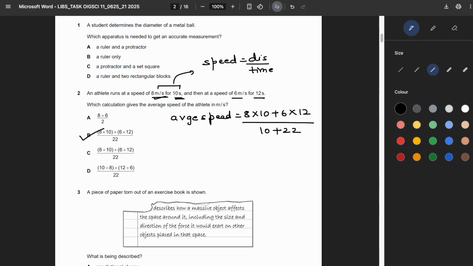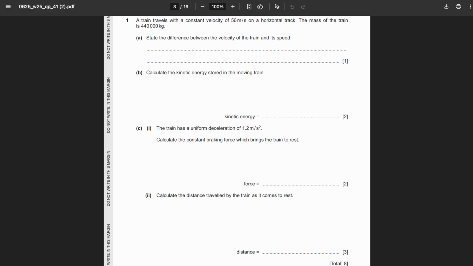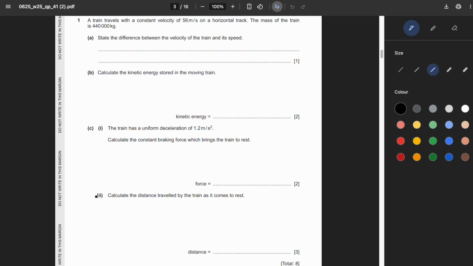After that one, let's move to the next question here. This is the graph, and probably I'll be coming up with the graphs in the next video. Now, this is the first question, but here I am focused on the second part of the C. Here, a train travels with a constant velocity. Now, understand, constant velocity means acceleration is 0, but it has given you the initial velocity 56 meter per second.